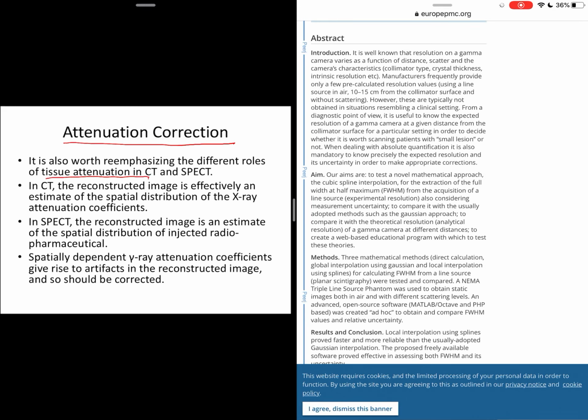Now we go to the second correction, which is the attenuation correction. There are different roles of tissue attenuation in CT scan and SPECT scan. In CT, the reconstructed image is effectively an estimation of the spatial distribution of X-ray attenuation coefficients.